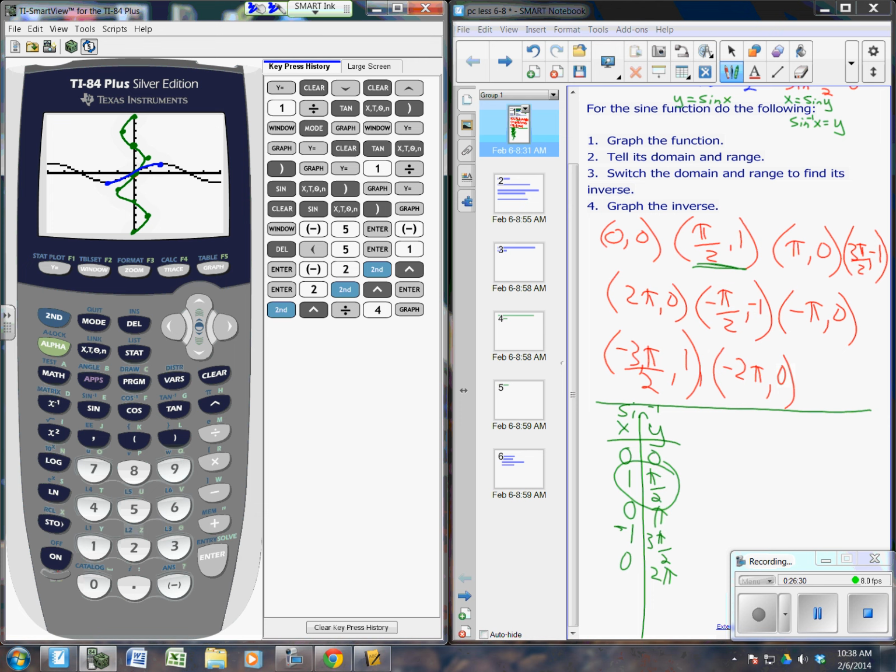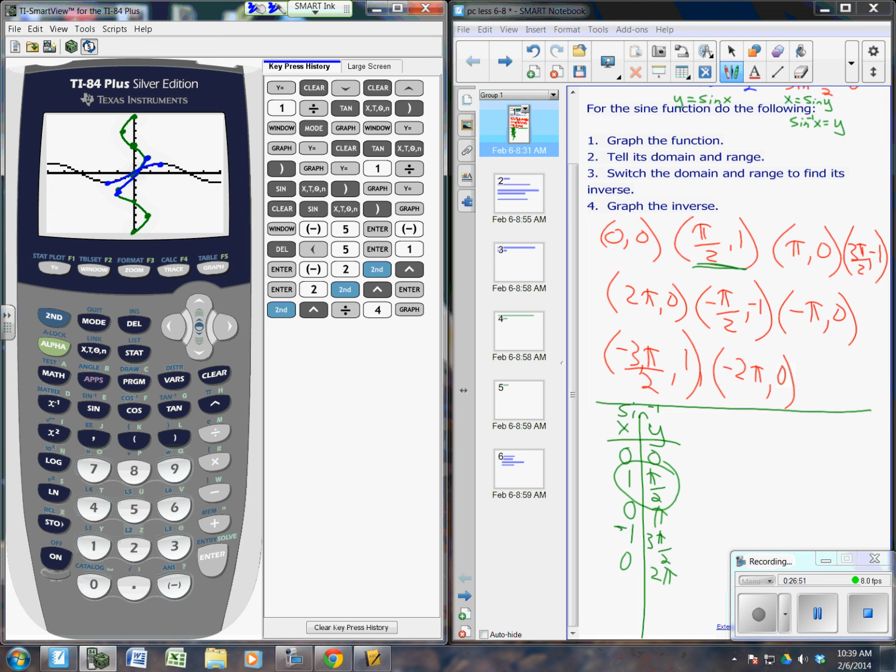Remember, if a function is 1-to-1, then its inverse will be a function. 1-to-1 means it passes the horizontal and vertical line test. Would this blue part right here pass the vertical or the horizontal line test? Yeah, and when I graphed it over here, it would be this part right there.